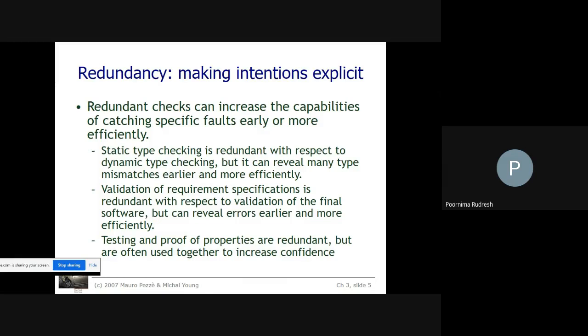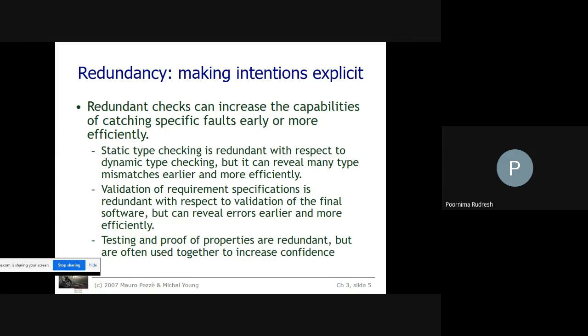But in case of software development or software testing and analysis, we detect the faults, and we correct those faults so that the expected output and the obtained output are the same. If the obtained output and the expected output are the same, then we say that the developed software or the system is redundant.